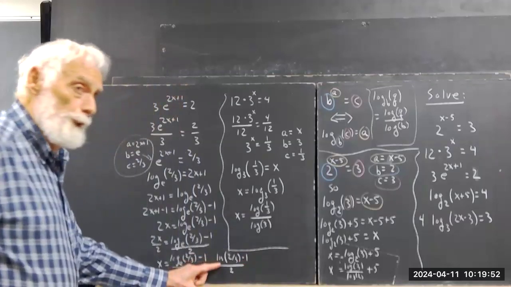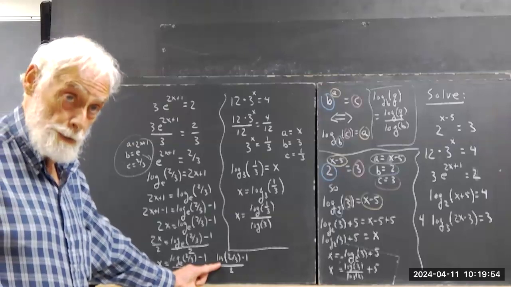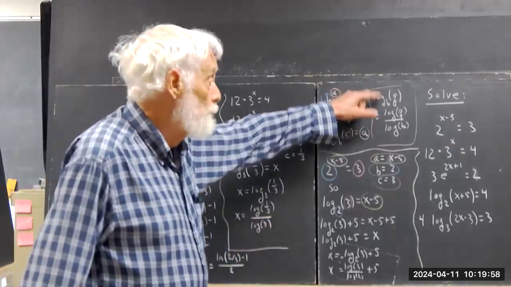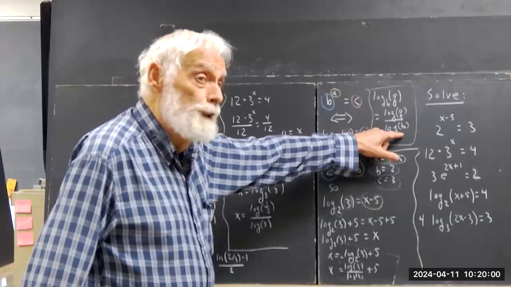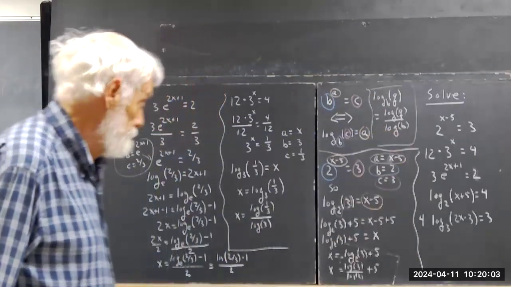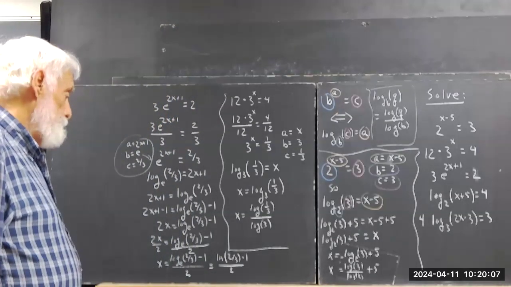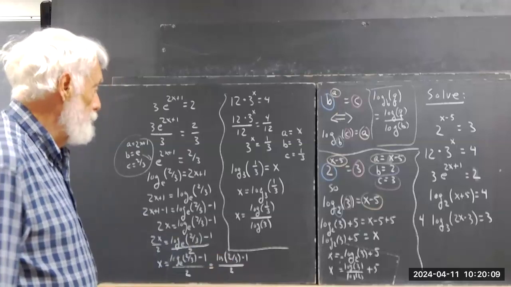And you have a natural log button on your calculator. So you don't need to use this rule when b is e. And then punch that in your calculator.